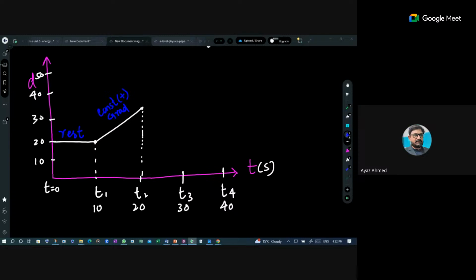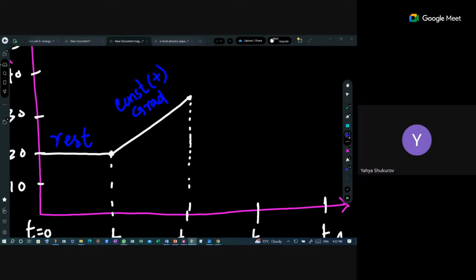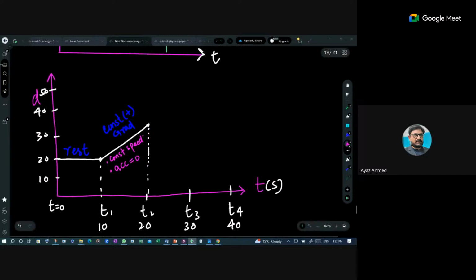If the gradient is constant, what about the speed it represents? Position is changed, so this object has a constant speed. When an object has constant speed, its acceleration is equal to 0. Do you believe this thing? Clear? Yes, sir.